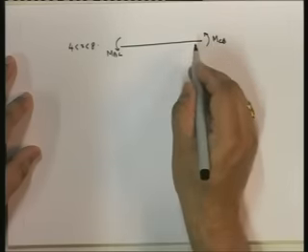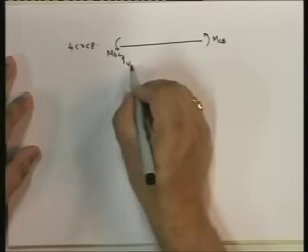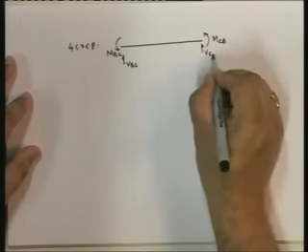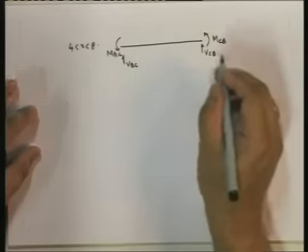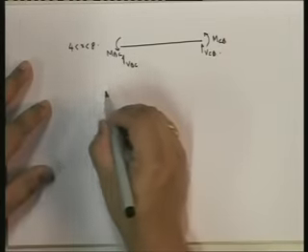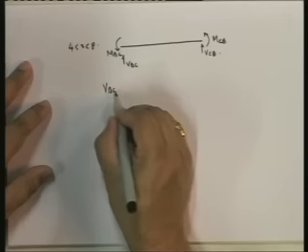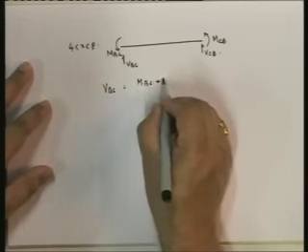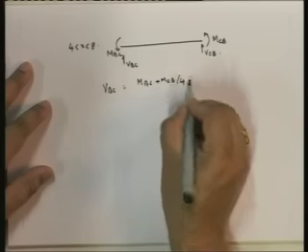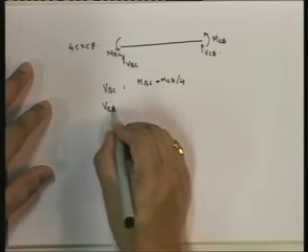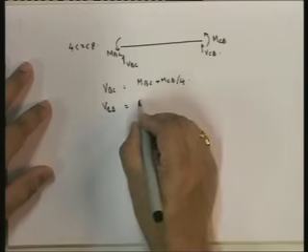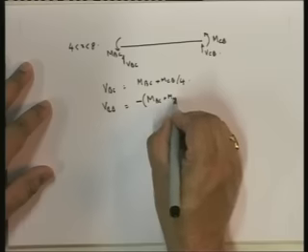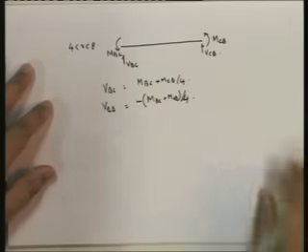The load is no longer there, so we have VBC and VCB, and we see that VBC is equal to MBC plus MCB by 4, and VCB is equal to minus of MBC plus MCB by 4.